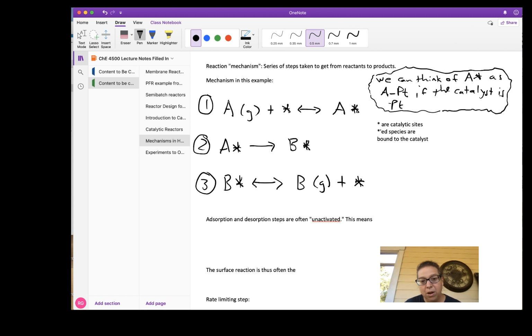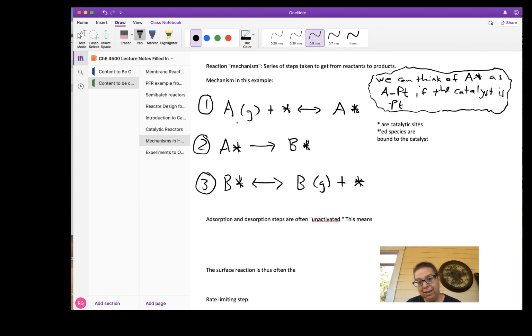In this mechanism, we incorporate all of our steps. We've taken into account catalytic sites and species bound to catalysts. A catalyst surface is going to have some finite number of sites. Once those get all filled up, nothing can adsorb anymore. A way to keep track of that is what we call a site balance. My catalytic sites, you can think of those as chemical species, just like any of the other species here.